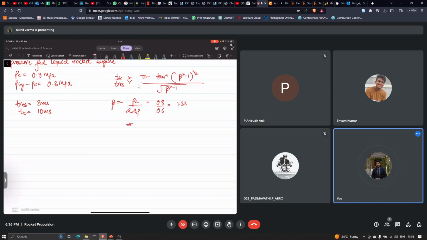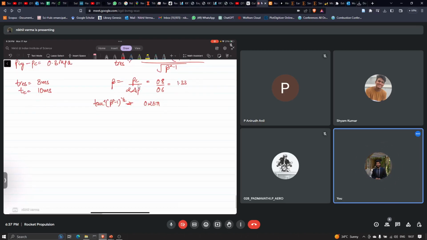If you compute tan inverse of beta square minus 1 to the power half, you will get the value as 0.235.